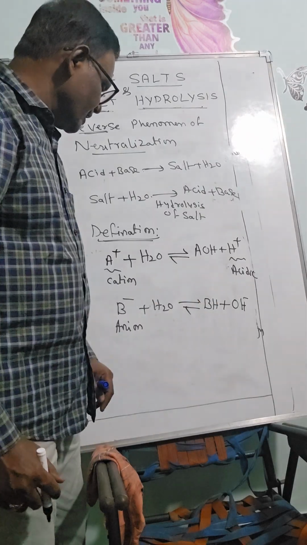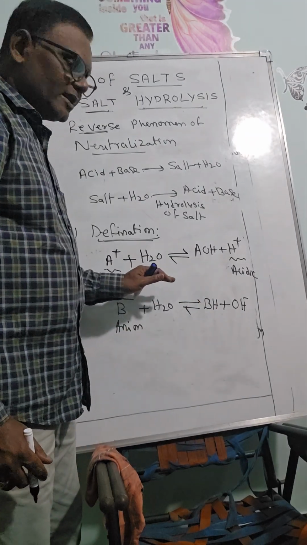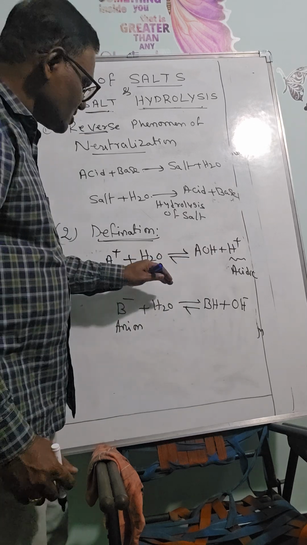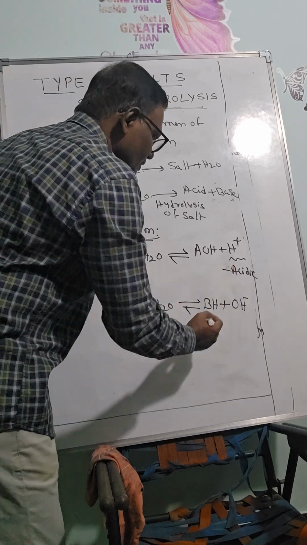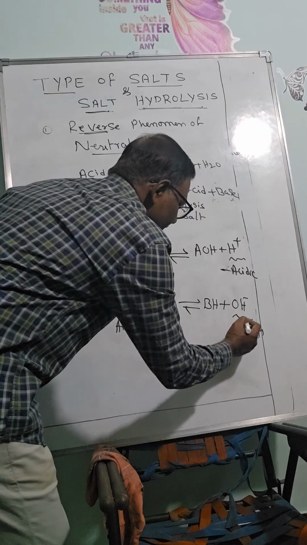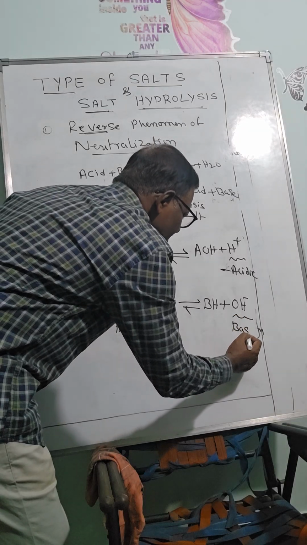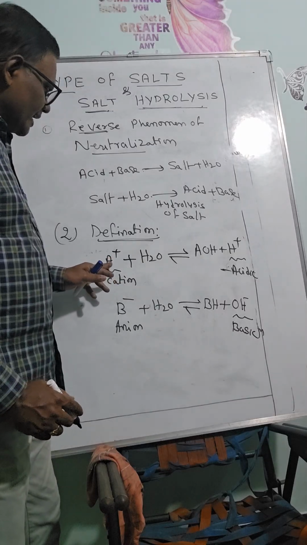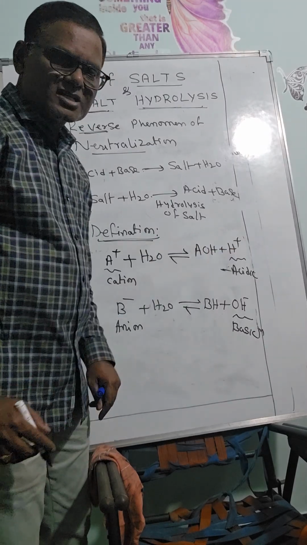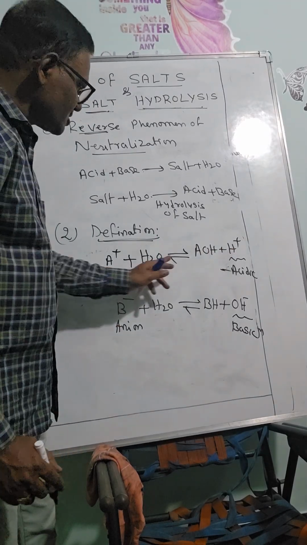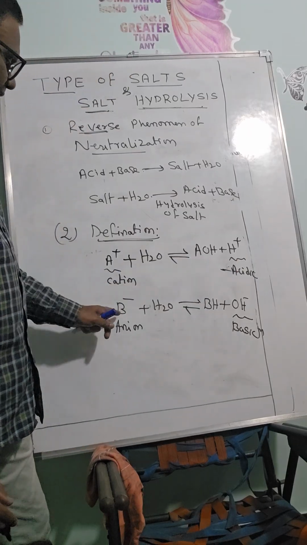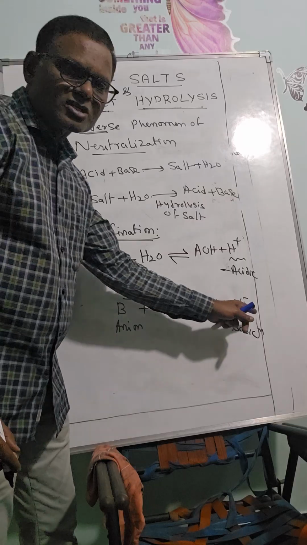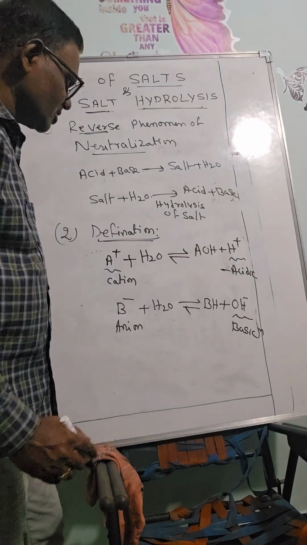According to Arrhenius theory, a substance producing H+ ions in aqueous solution is acidic in nature, and producing OH- ions in aqueous solution is basic in nature. So when a cation undergoes hydrolysis, H+ ions are produced and the solution is acidic. When an anion undergoes hydrolysis, OH- ions are produced and the solution is basic.